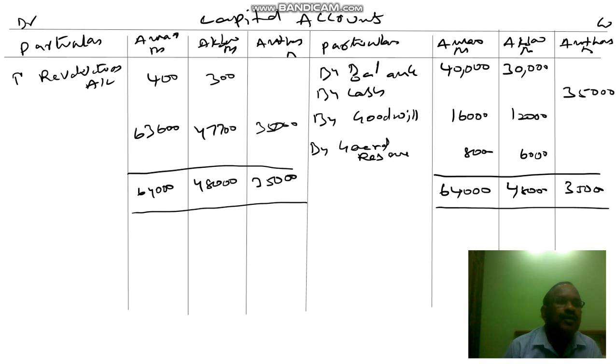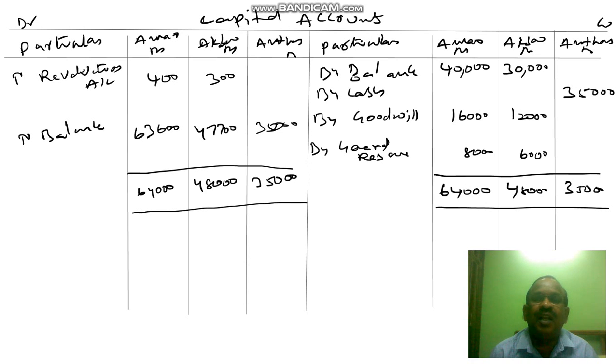This is the closing balance. So it is a fluctuating capital account. Initially they brought 40,000 and 30,000, but due to the adjustments it changed to 63,600 and 47,700.